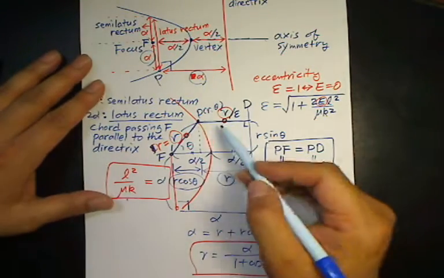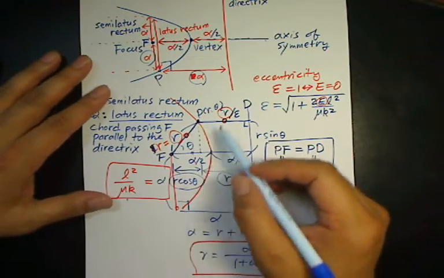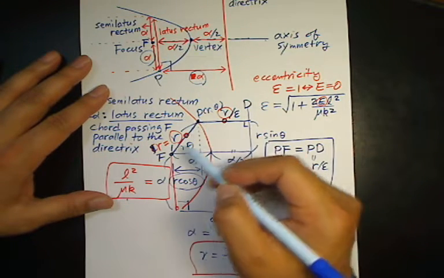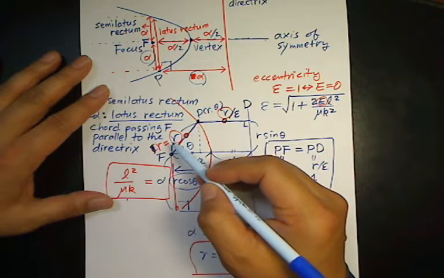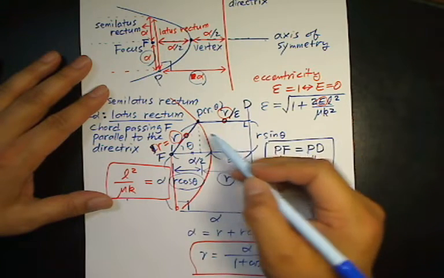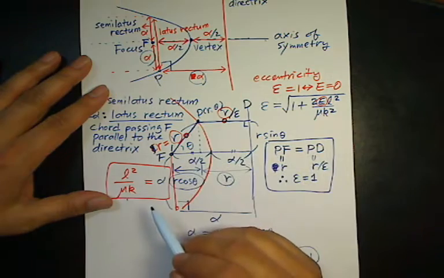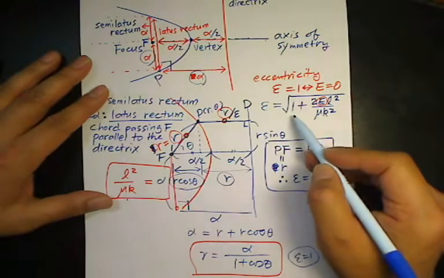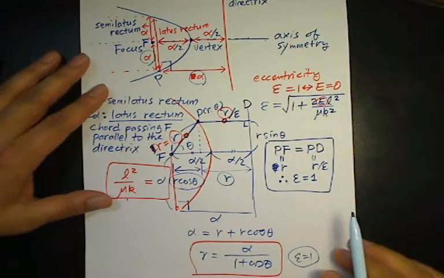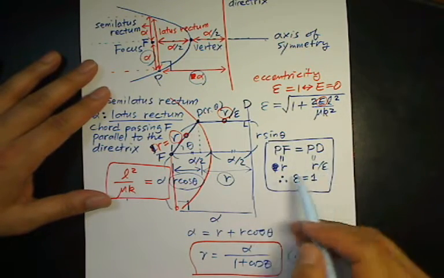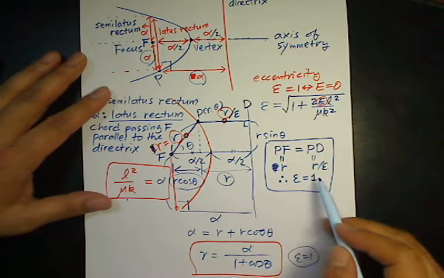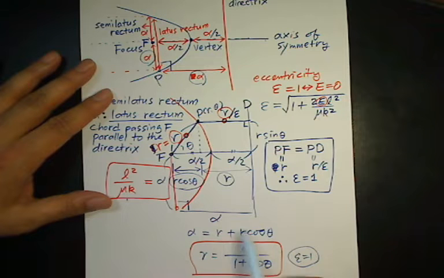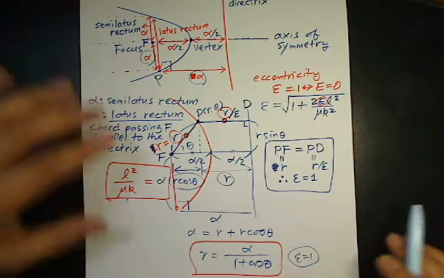In general, the distance ratio of the semi-latus rectum to this one is defined to be eccentricity. And eccentricity in here is just 1, so energy equals 0. Okay, this is the ratio, and we put epsilon equals 1 here. The polar equation becomes this one.